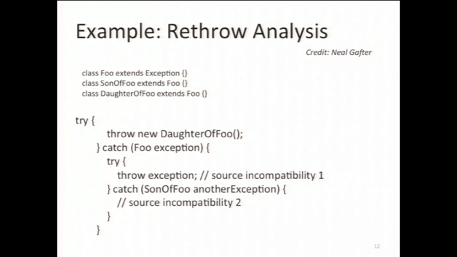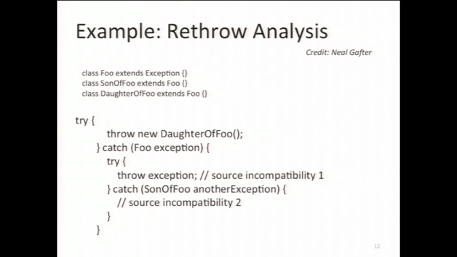Another example, and I think this is pretty famous, is the more precise rethrow. In Java 6, this was legal Java source. In Java 7, it turned out that the first line that says source incompatibility 1, there, before you would throw an exception of type foo, in this case, you knew that you would throw an exception.